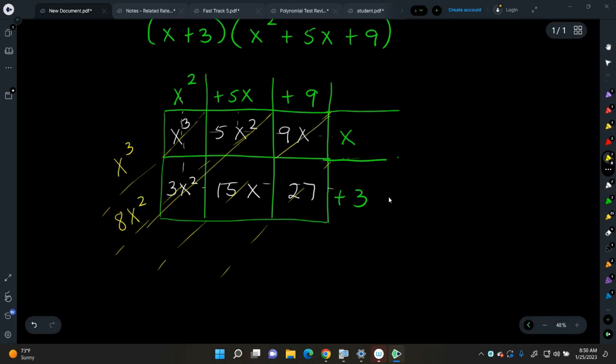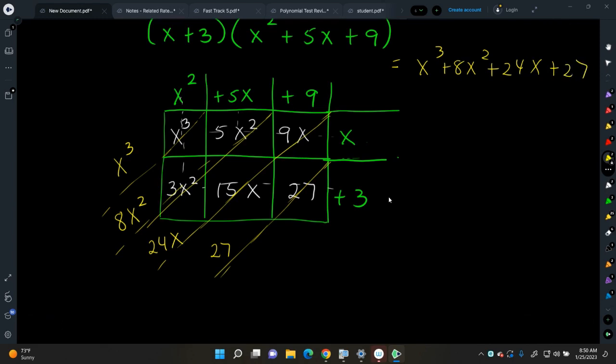And on this diagonal, we have 9x and 15x, which is 24x. And on this diagonal, we have 27. So this equals x cubed plus 8x squared plus 24x plus 27.